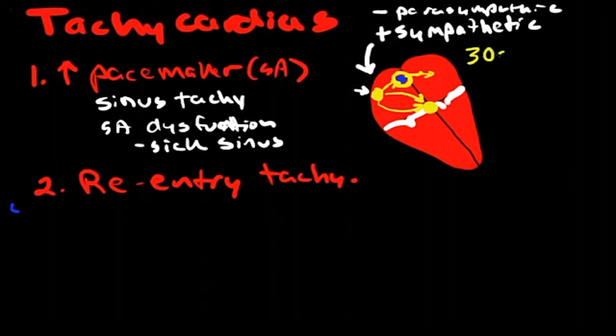and this can happen 300 to 600 times per minute. This forms an ectopic focus because there is damaged tissue here, and you end up with a circuit. The wave of depolarization keeps going around in a circle, and this can happen in several different places within the atria.